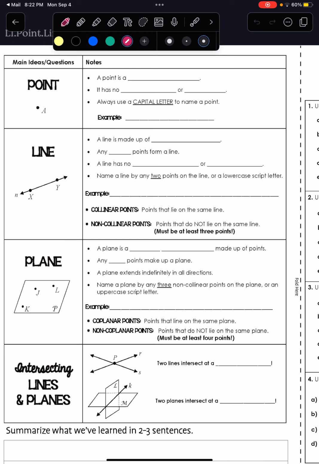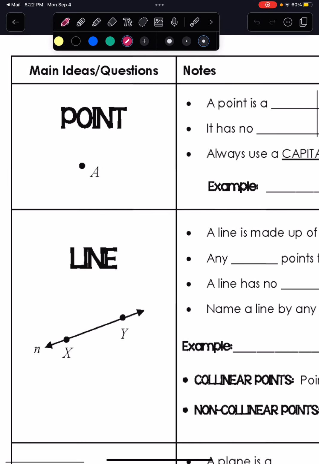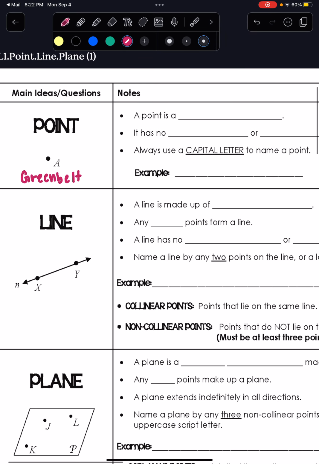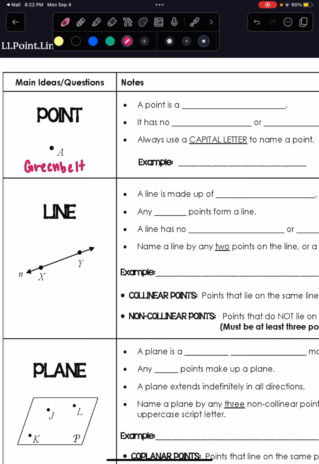So first, I want to give you an example of each of these. So for a point, a real life example, and I would just write this right here under point, would be like a point on a map. So we could just say like green belt. So that can be our point example, and I'll just write like example up here.